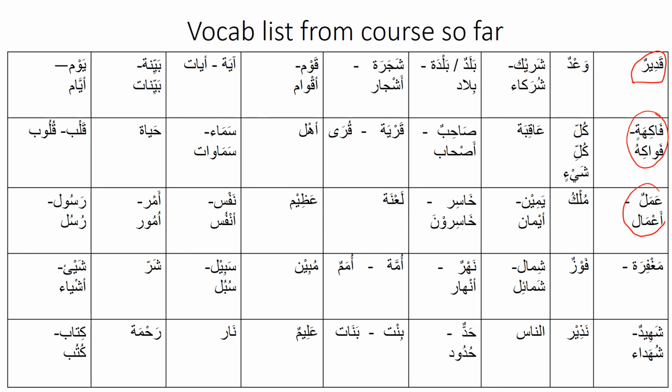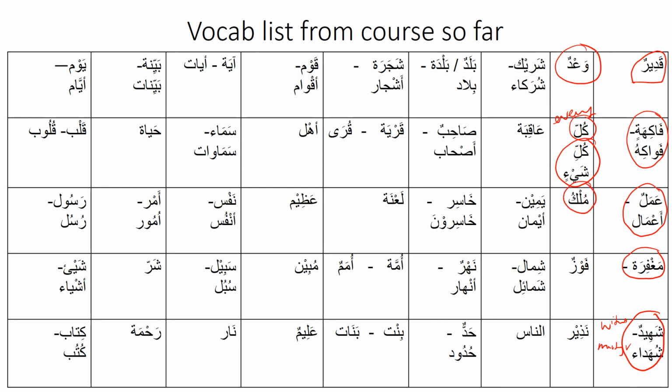Amalun, a'malun, deeds or deed. Maghfiratun, forgiveness. Shahidun, shuhada, witness or martyr, the one who dies in the path of Allah. Wa'adun means promise. Kullu means every. And kullu shay'in or kulli shay'in means everything.